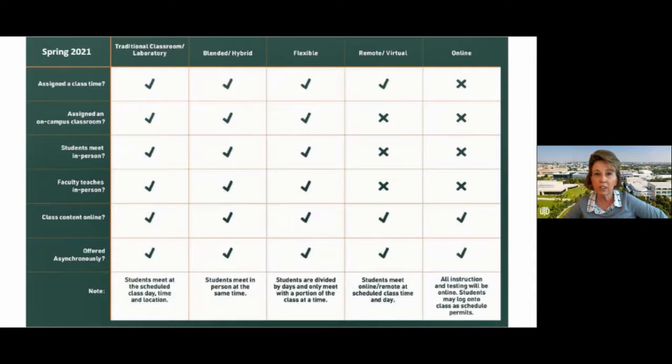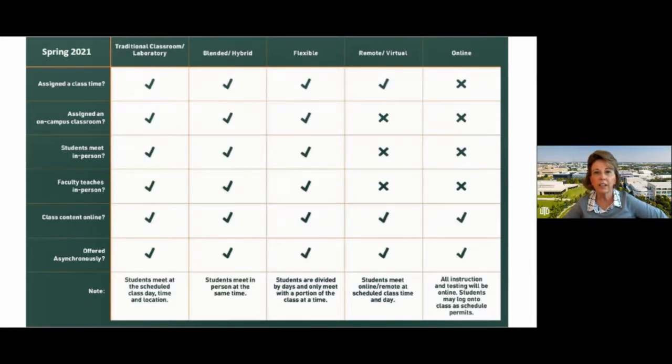But if you look at the chart that's on screen, you're going to see the options across the top. Those are the category labels on the top of each column. So as a student, when you are looking at the course schedule and course lookup to decide what you want to take, you're going to be able to see which of the 5 course modalities a particular course is being offered in. So let's go over what those 5 modalities are.